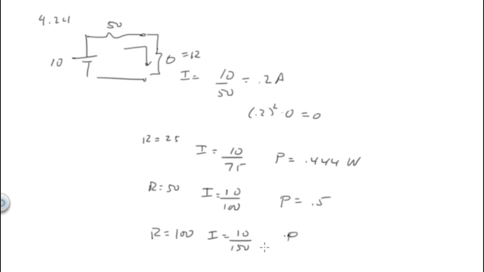Okay, so R is 100, I is 10 divided by 150, equals 0.066. Hit the square key. That's I squared times R. It's 0.666.